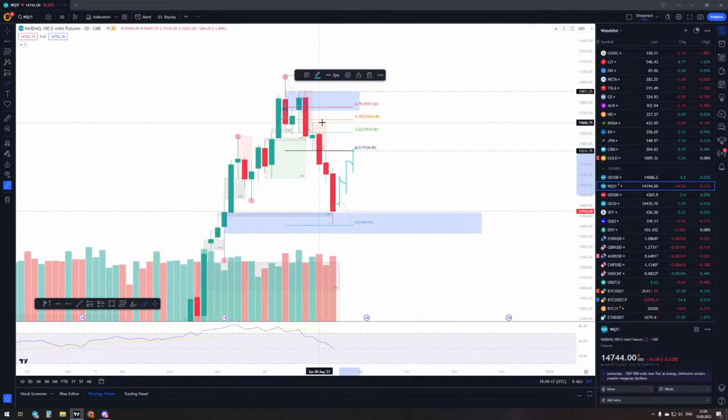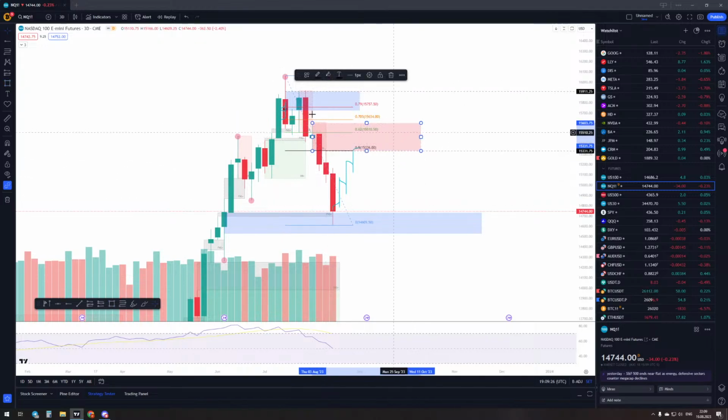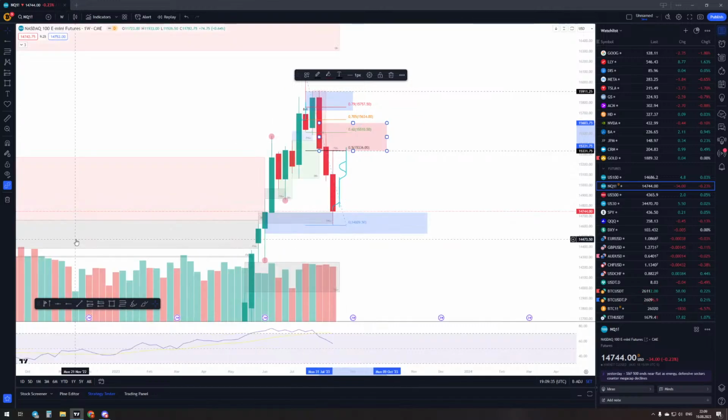And probably on this order block we'll have some reaction. We'll have some reaction, like the breakers. Well, let's see on the weekly.